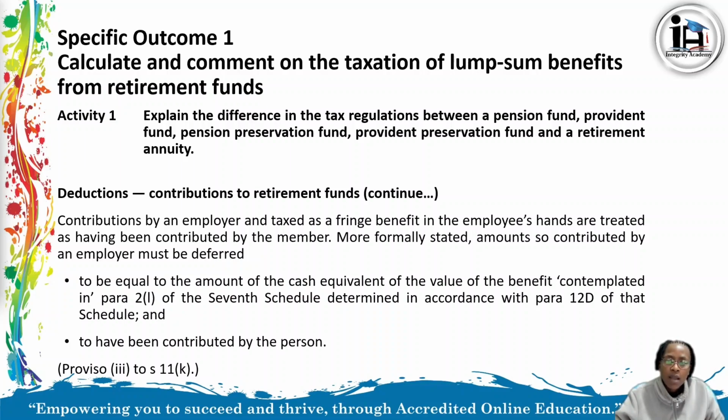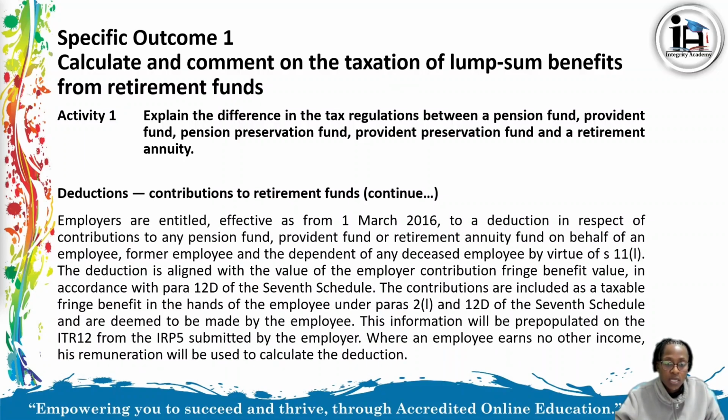More formally stated, amounts so contributed by an employer must be deemed to be equal to the amount of the cash equivalent of the value of the benefits contemplated in paragraph 2.1 of the 7th schedule determined in accordance with paragraph 12D of that schedule and to have been contributed by the person. Proviso 3 to section 11K.